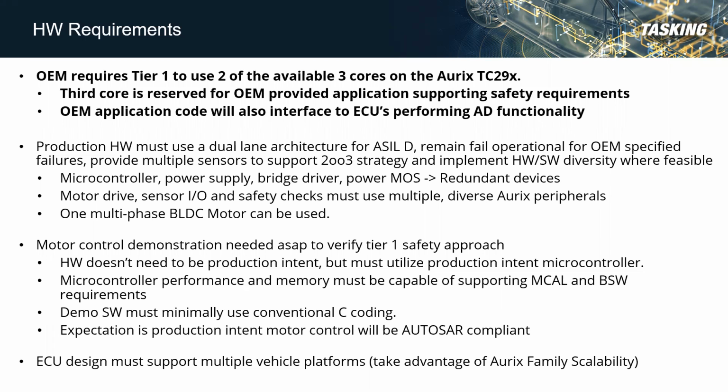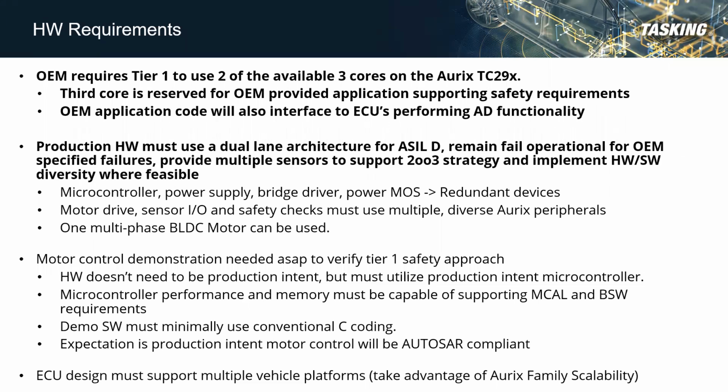In today's environment, with a lot of the liability and questions revolving around who's responsible for autonomous cars, a lot of the OEMs are implementing the A to D functionality themselves. And so in this particular use case, they are also requiring that the third core be reserved for their use.